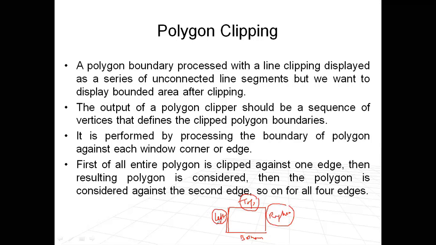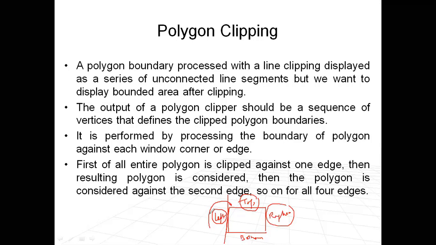Once it is clipped against one of the edges, then the resultant is passed to the next edge. So we will see what that means. First of all, the entire polygon is clipped against one edge, then the resulting polygon is considered against the second edge, and so on for all four edges.